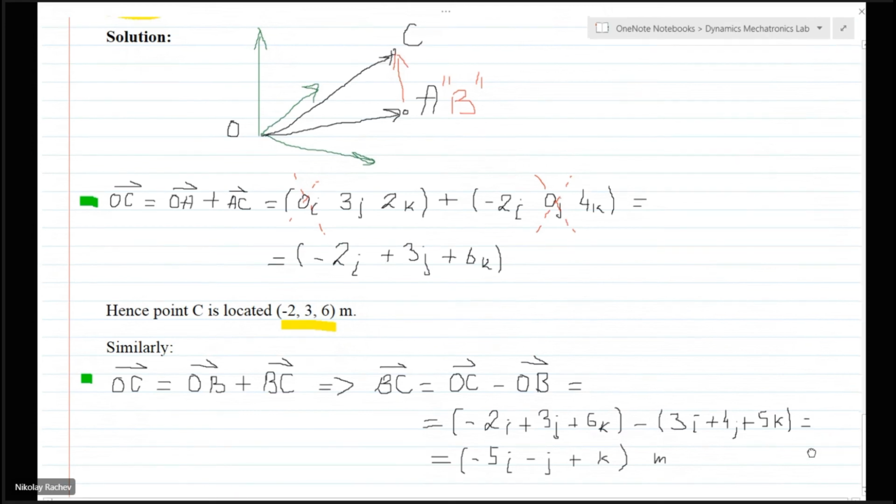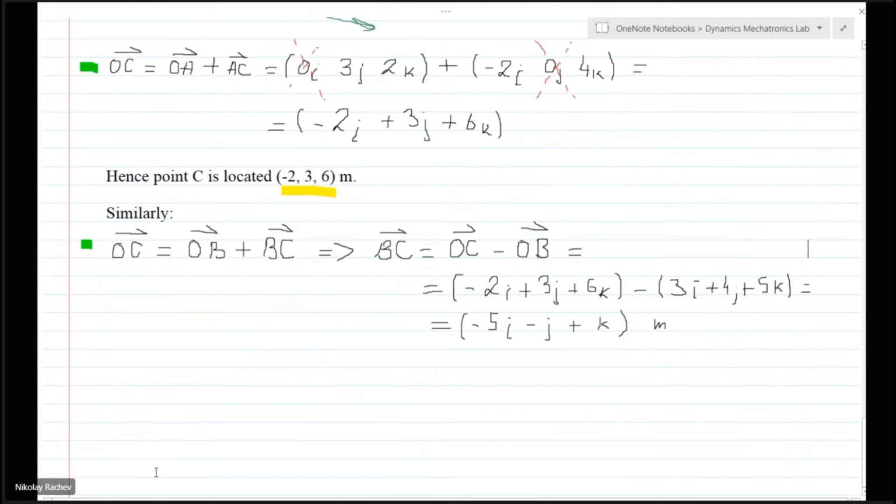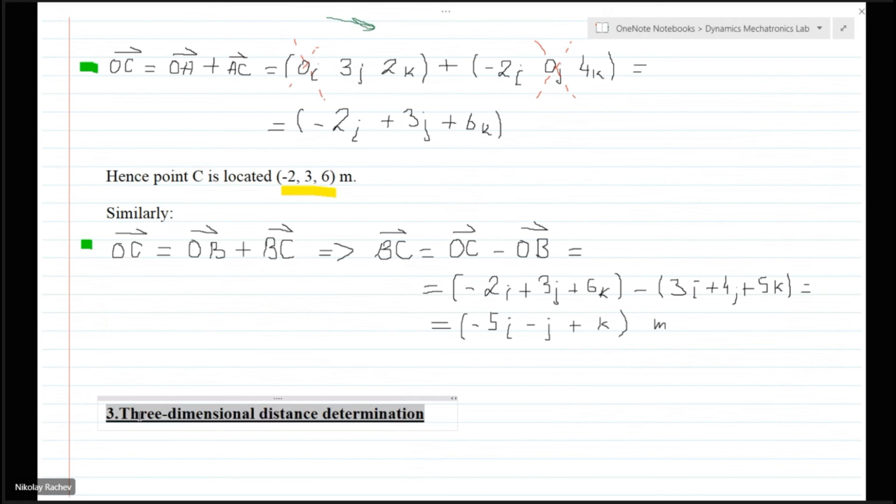Okay, so let us write three-dimensional distance determination. That's the third task. Three-dimensional. I will bold it and underline it as well.